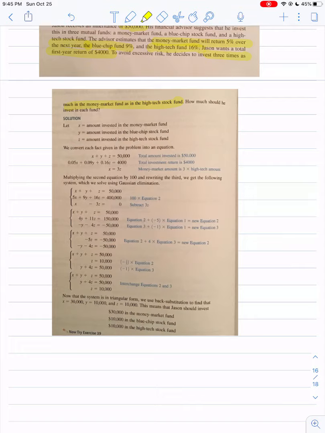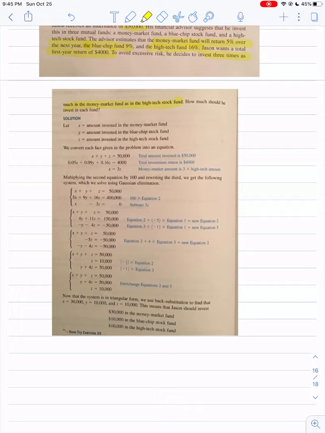So I have equation 2 plus negative 5 times equation 1 as my new equation 2, and that is 4y plus 11z equals 150,000. Then equation 3 plus negative 1 times equation 1 is my new equation 3, so my new equation 3 is negative y minus 4z equals negative 50,000.